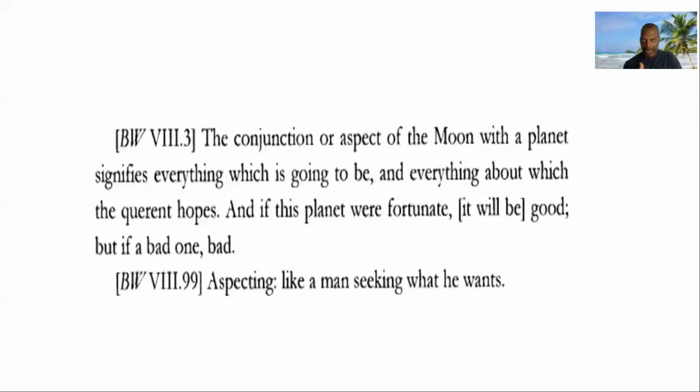Okay, I'm going to continue the sentence this time. The conjunction or aspect of the moon with the planet signifies everything which is going to be and everything about which the querent hopes. Remember, the querent is the person asking the question. Remember that all of this is about all of astrology. These 146 considerations are not just about natal astrology.